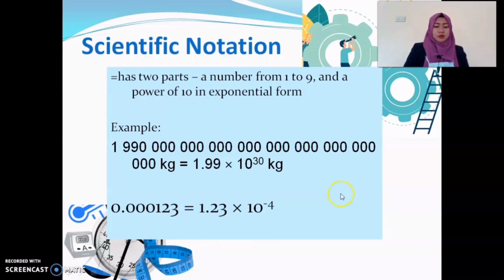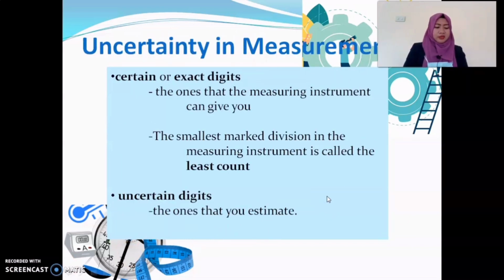In writing measurements, you have to write both the certain and the uncertain digits of measured data. Certain or exact digits are the ones given by the measuring instrument, and the smallest marked division in the measuring instrument is called the least count.